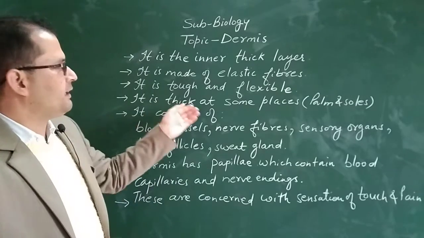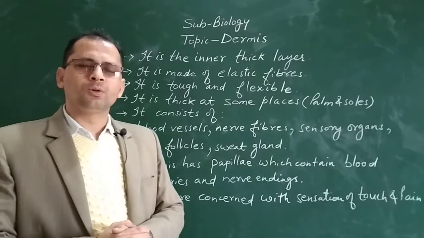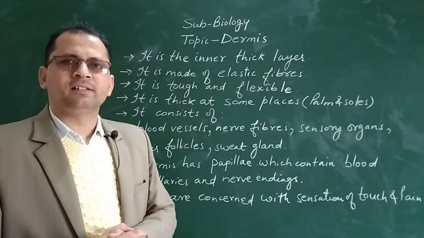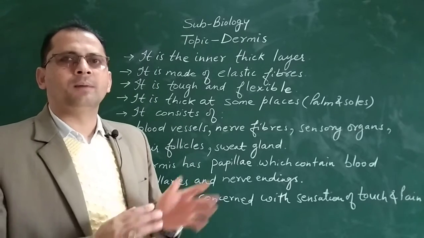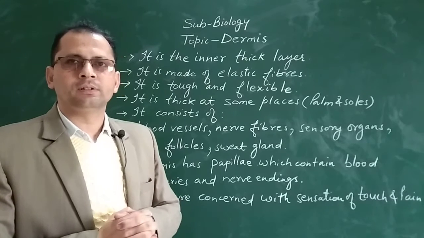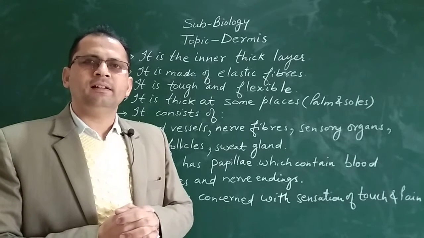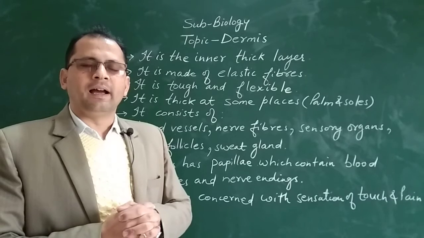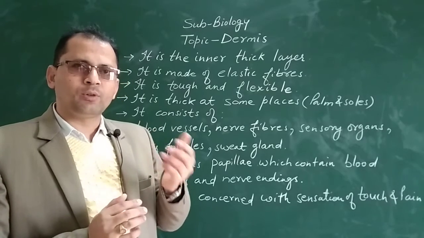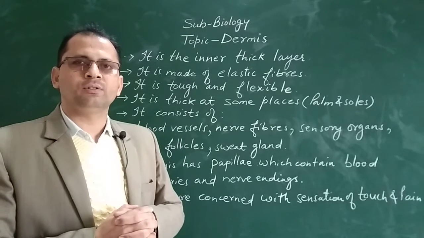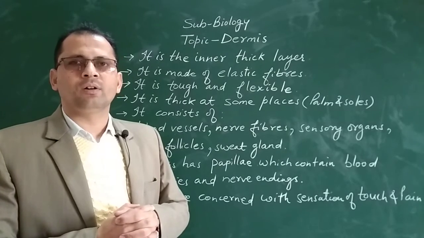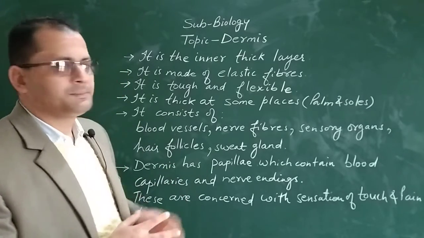Next, it is thick at some places in our body, like on our palms and the soles. Also it is thin at some places like the eyelids. The skin just above our eyes, on the eyelids, is smooth and very thin. That is just because of this dermis.